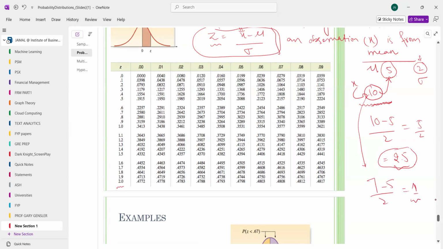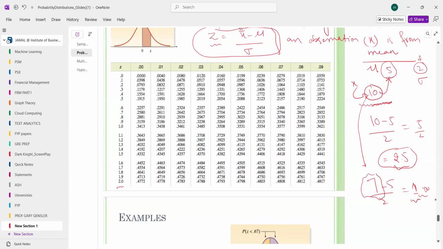So if my z-score was 1, right, 1.00, what will be the probability of happening for this 7?